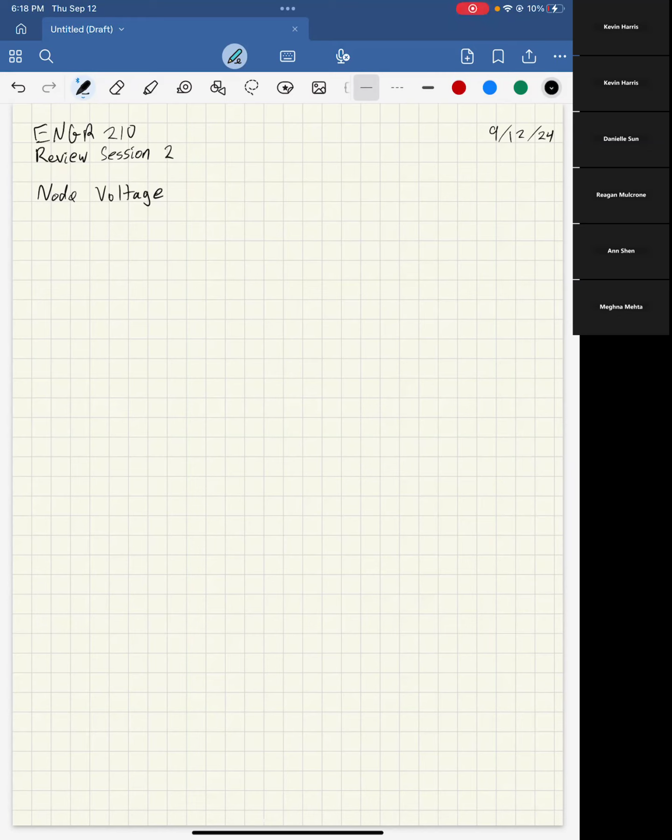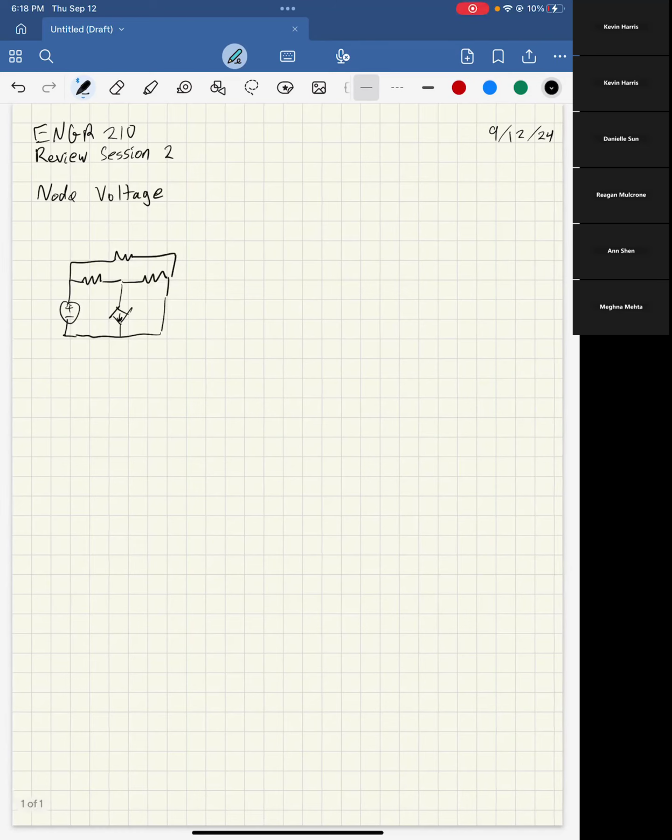So the basic circuit you might have might look something like this. Maybe you have some kind of dependent source here and a voltage source here and some other resistor up here. There's a lot going on in this circuit.